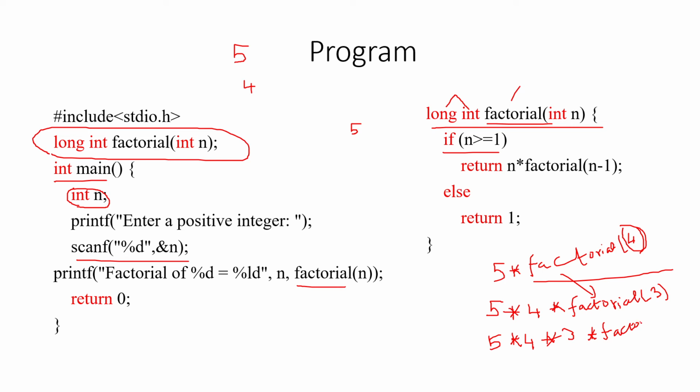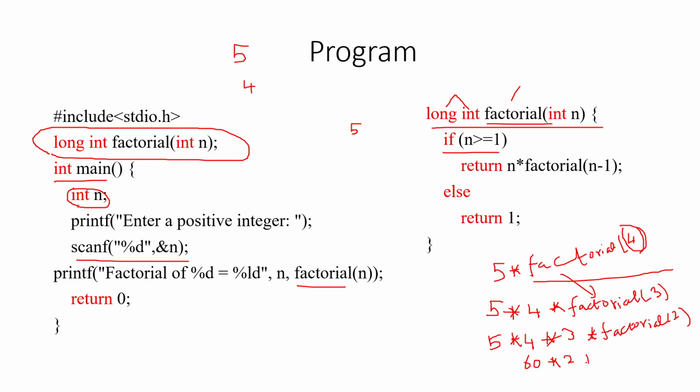Now again n is 2. So 5 into 4 into 3: 5 into 4 is 20, and 20 into 3 is 60. So 60 into factorial of 2. Again it will call, and n is now 2. 2 greater than or equal to 1, the condition is true again.